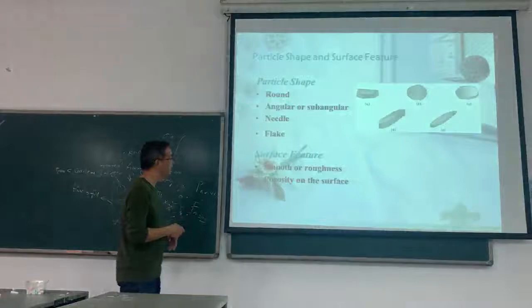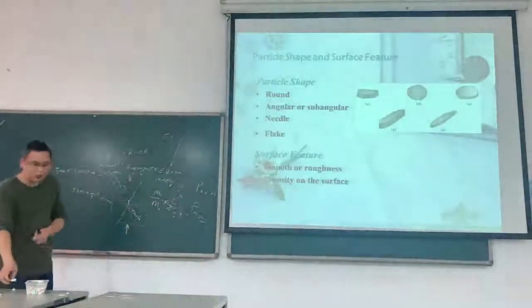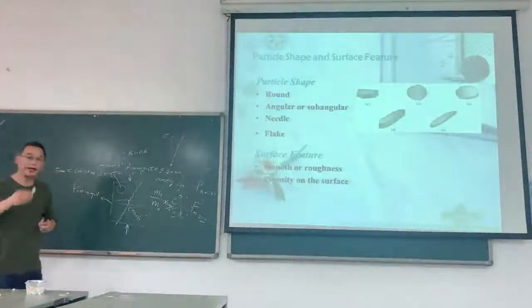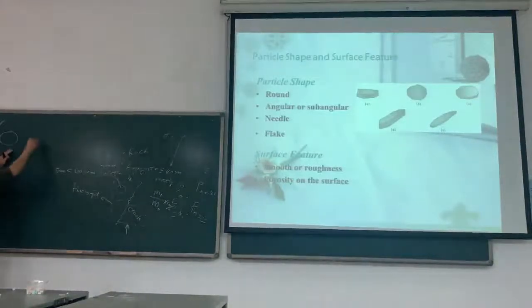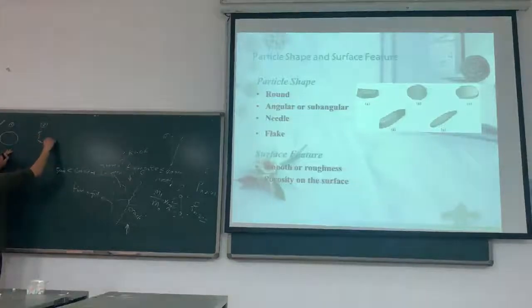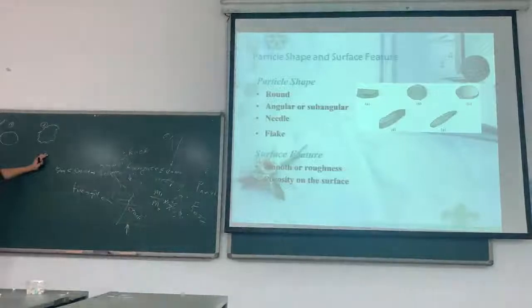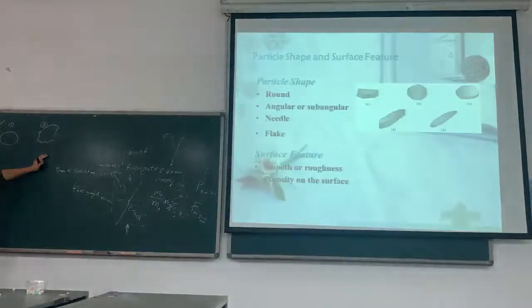Okay. So for these two kinds of aggregates, one is a natural aggregate. Another one is the crushed or the manufactured aggregate.